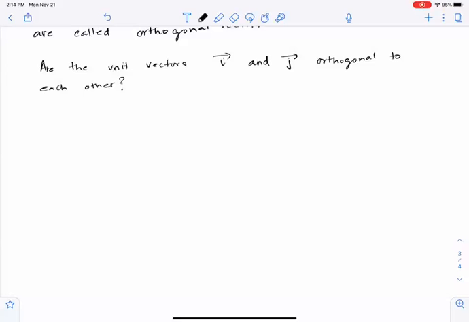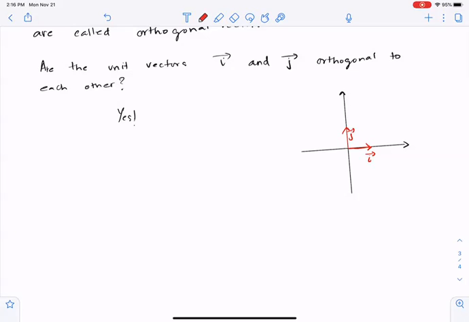Are the unit vectors i and j orthogonal to each other? The answer is yes. Reason: the i vector is the unit vector along the x-axis, and the j vector is the unit vector along the y-axis.